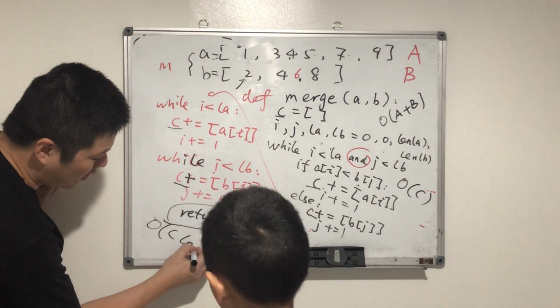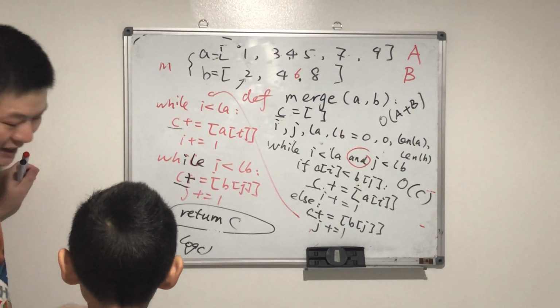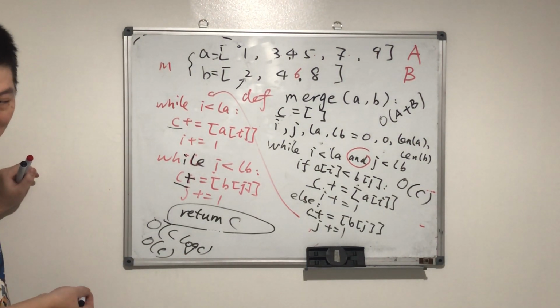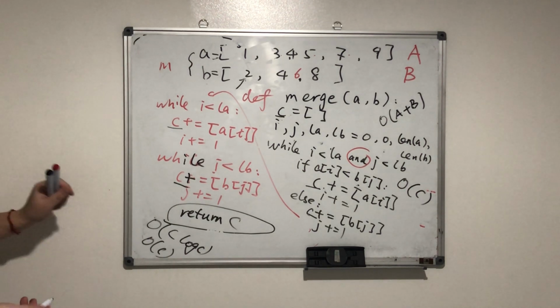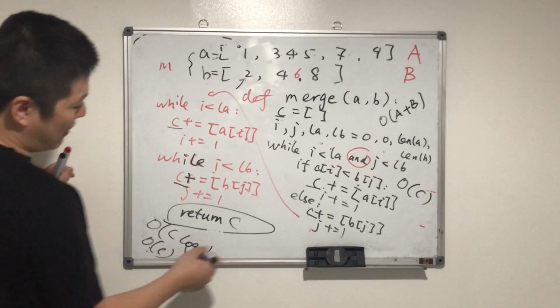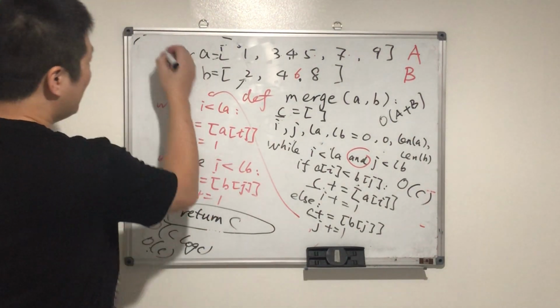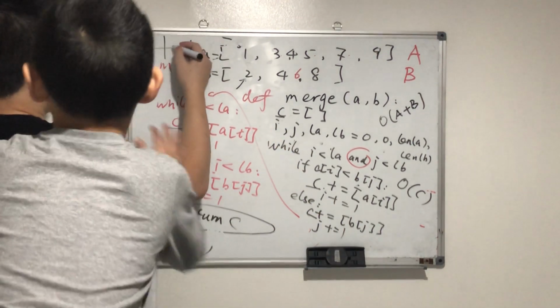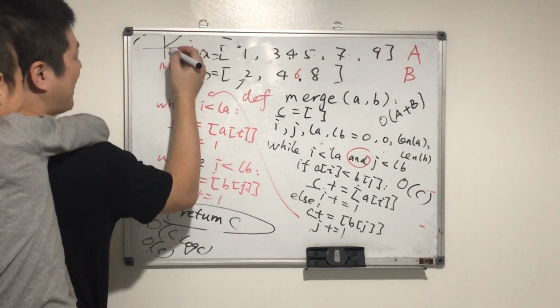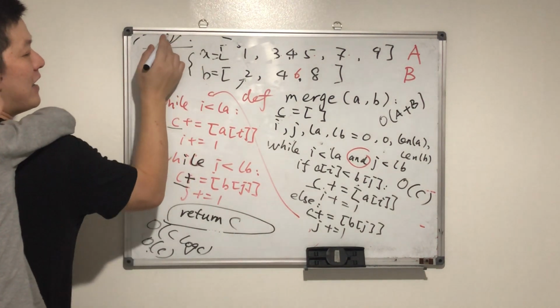O(C log C), right? Now we are O(C), so which is faster? This one, of course, the O(C) is faster, because O(C log C) is here.